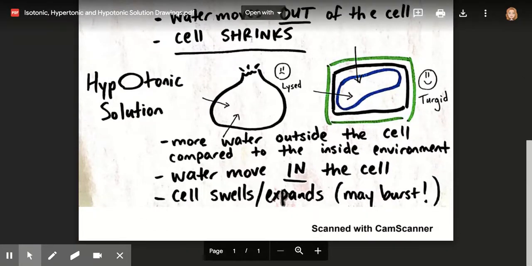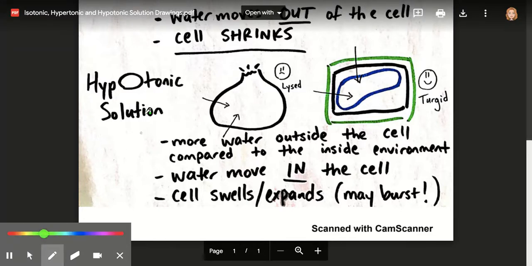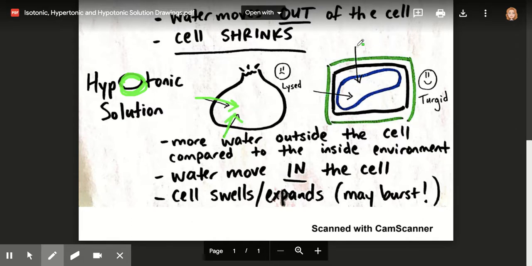Lastly, here in terms of environments, we have a hypotonic solution or environment. You'll notice I made this O in hypotonic kind of oversized, and that's because water is moving into a cell when it is placed in a hypotonic solution or environment.